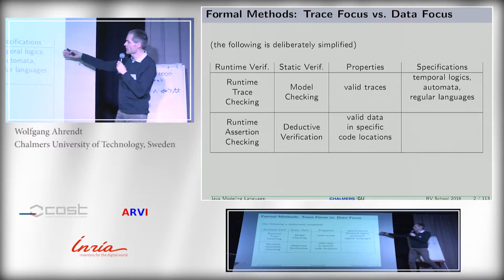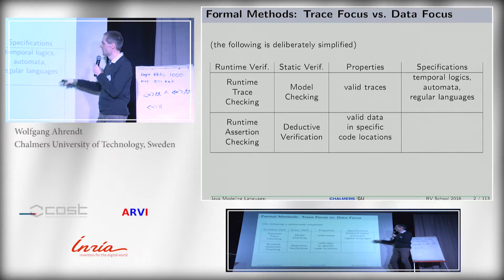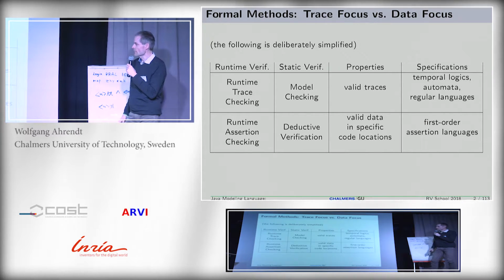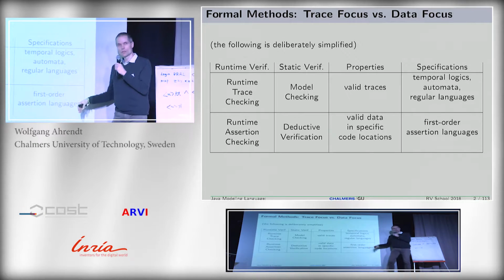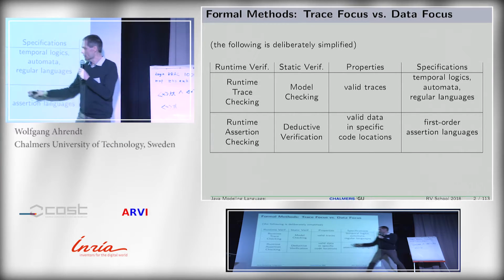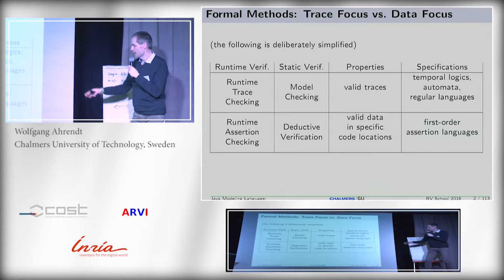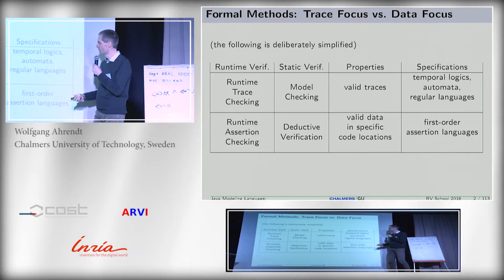On the specification side, here you have some formalisms, you have temporal logics, you have automata, regular languages, there are also other things. Down here, things are based on first order logic, to talk about the data in terms of first order logic, and there are assertion languages here which build on top of first order.